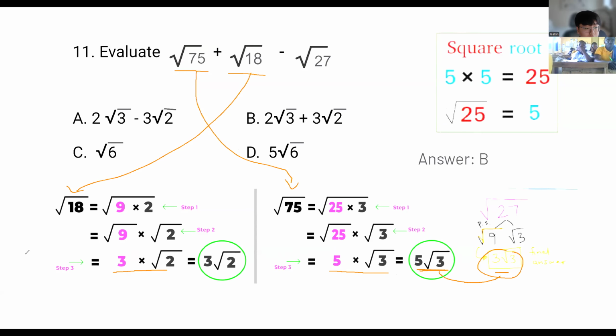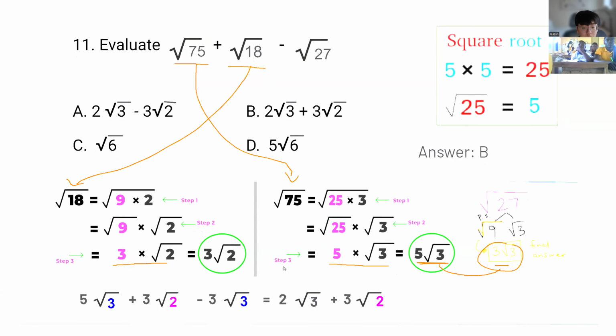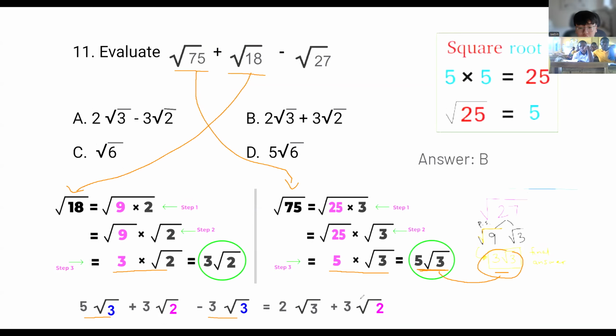So this becomes 5 square root 3 plus 3 square root 2 minus 3 square root 3, which is equal to 2 square root of 3 plus 3 square root of 2. So that is our answer. We have simplified it, right? And that is B, our answer choice B.